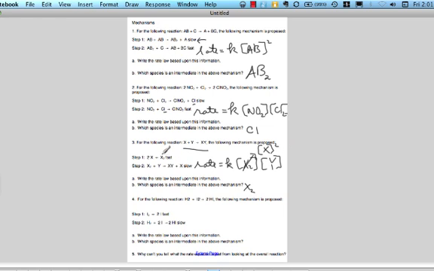So then my rate law is equal to k times x squared, which is in the original, x is in the original equation, times y. Okay, y to the first power for y.